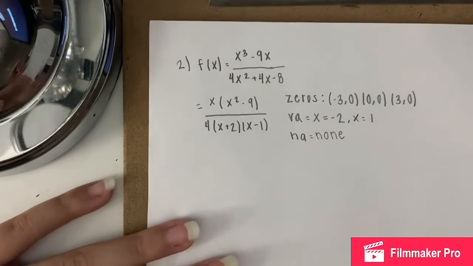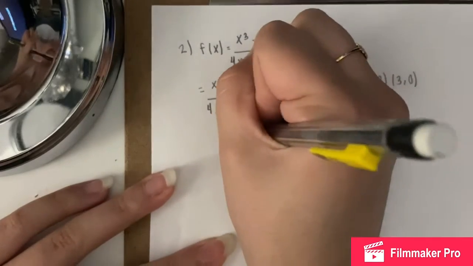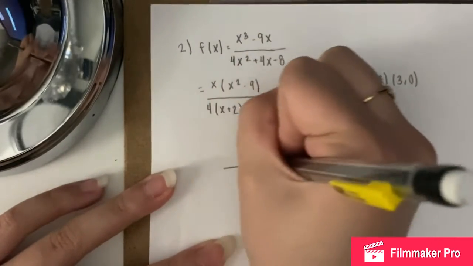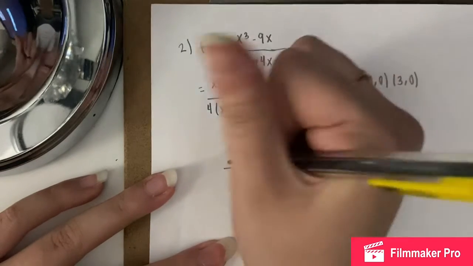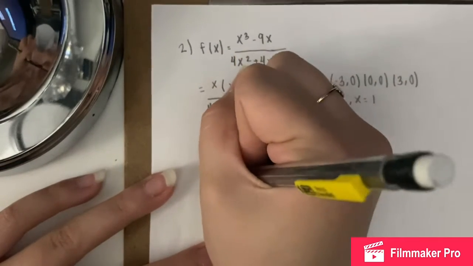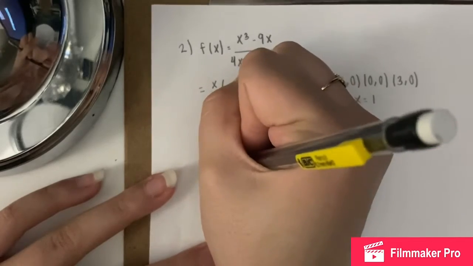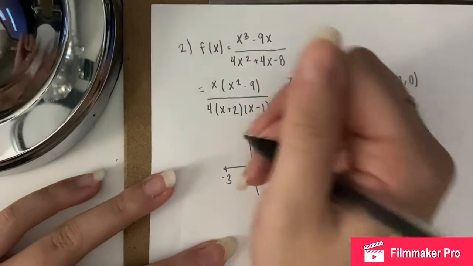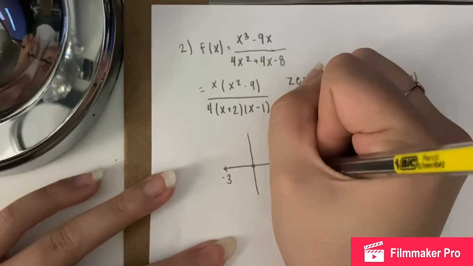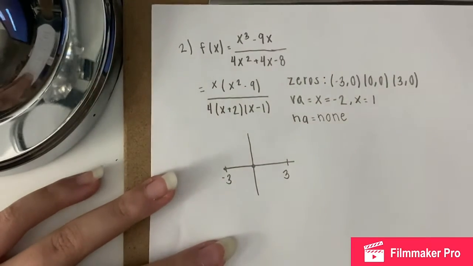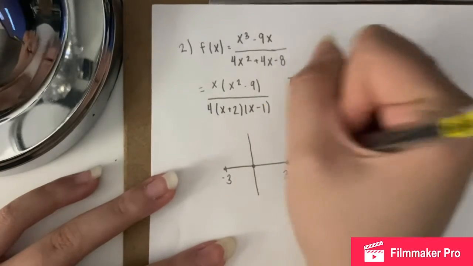So now let's find our domain. In order to find our domain, we just have to make a quick sketch of what the graph is. So let's put down what we know. We know that there's a point at -3, another one at the origin, and then another one at 3. And this is also a point.